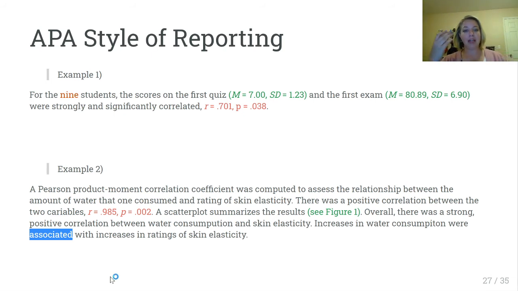There might be something else like smoking that's a confounding factor, that people that smoke have less elastic skin, and maybe they're also less likely to drink water. We can come up with all kinds of stories. But the key is, if we're doing an observational study, we cannot jump to saying it's causation. Causation is only available in a single study if we have done randomization.